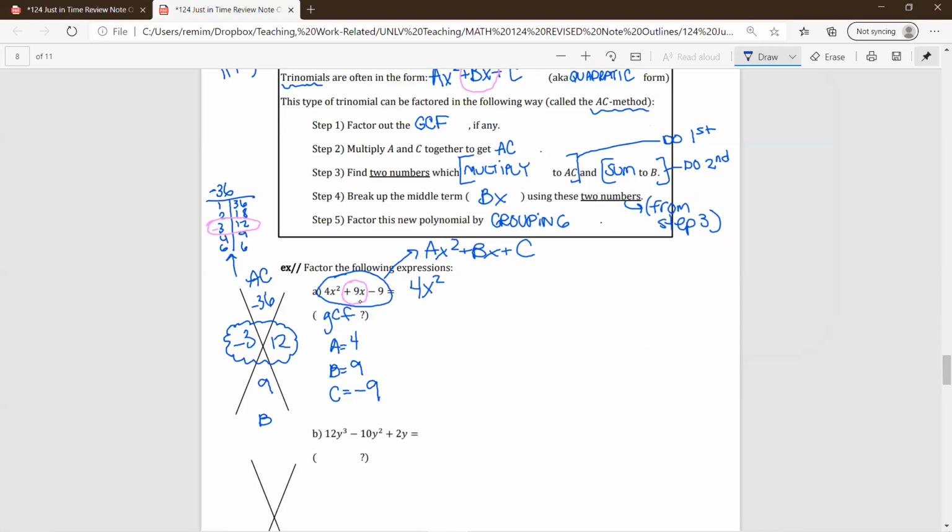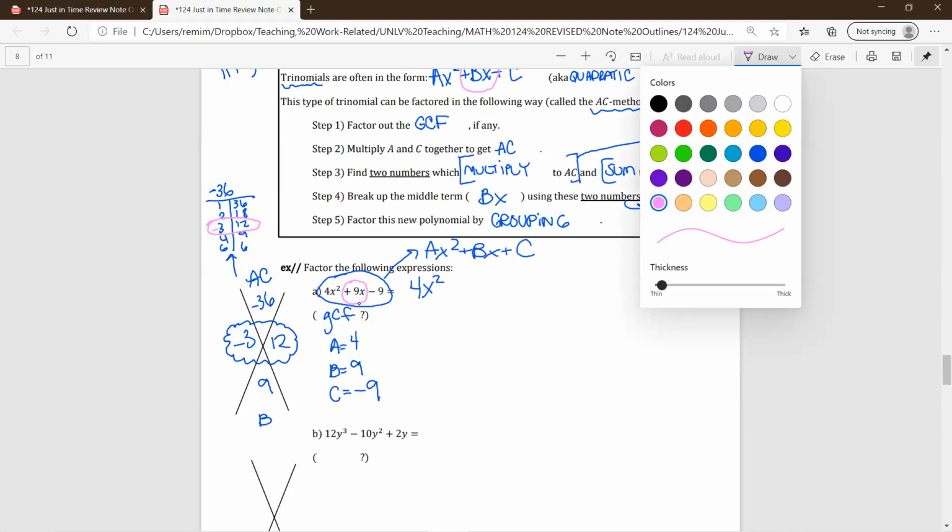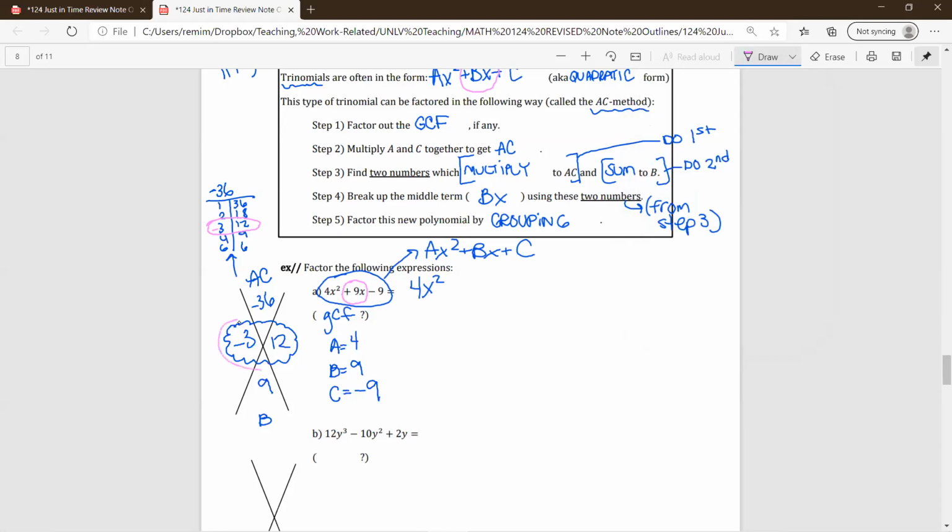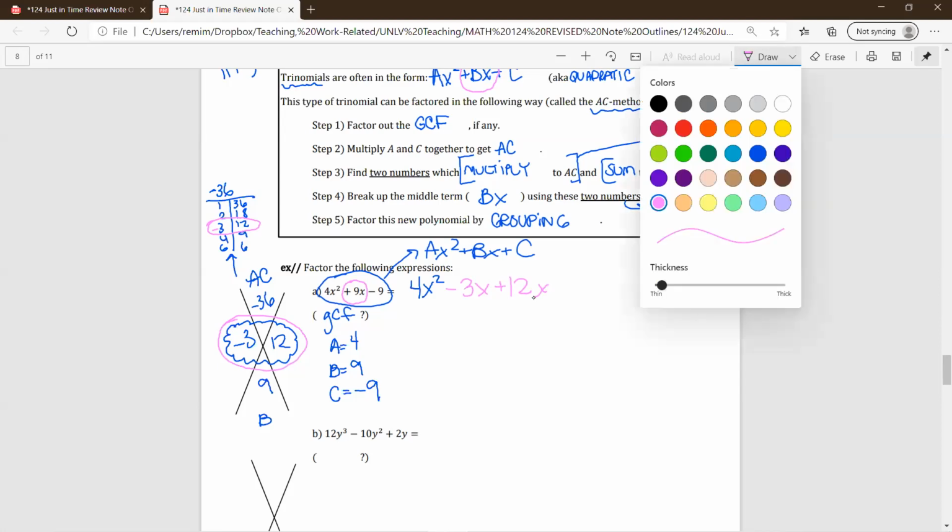But instead of writing 9x, I'm going to use these numbers here. It doesn't even matter what order you do them in. You could do minus 3 first or the 12 first. So I'm going to do minus 3x and then plus 12x, and then minus 9.